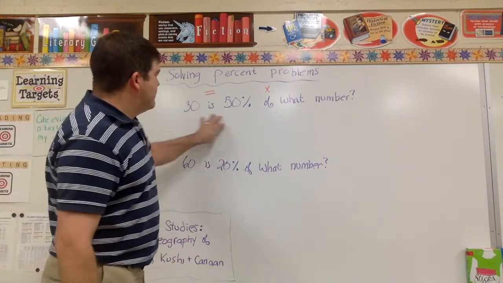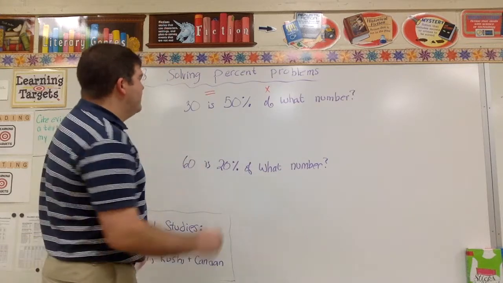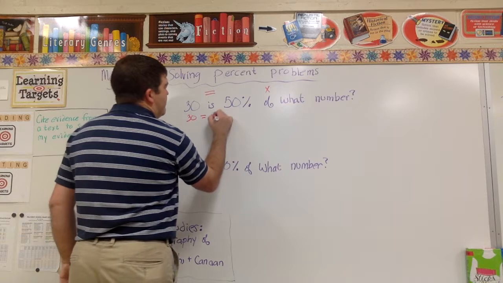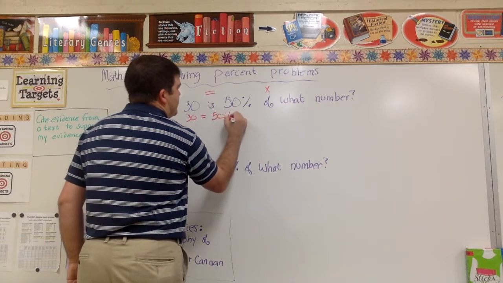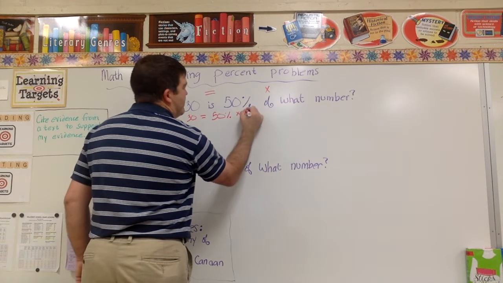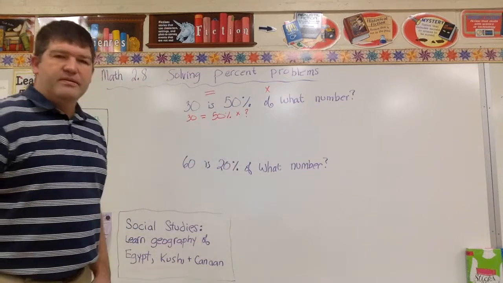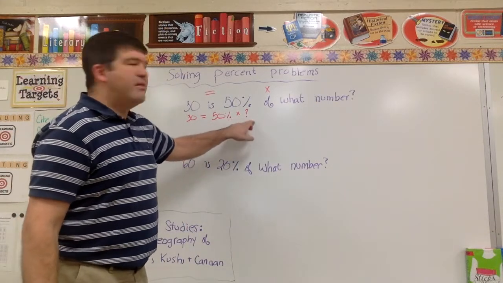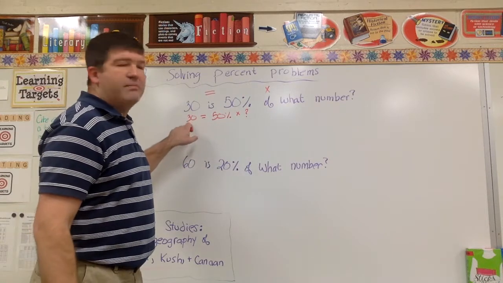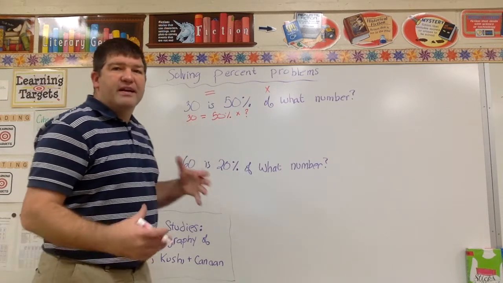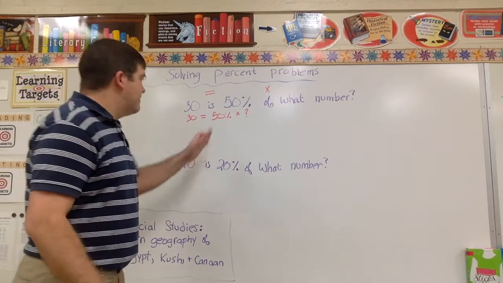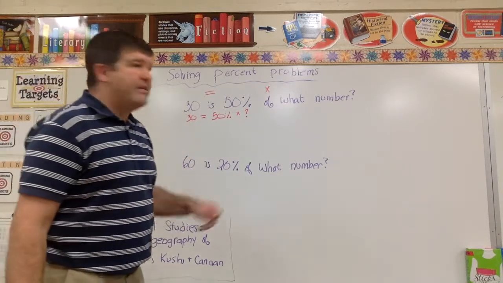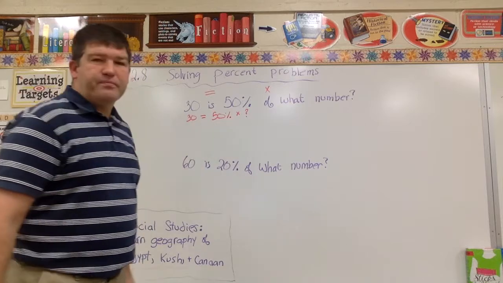So as I look at how it's worded here, I do 30 equals 50% times some number. I have to figure out what this number is. This number times 50% is going to get me 30. So 30 is the equals. It's what you have at the end after you do this problem.